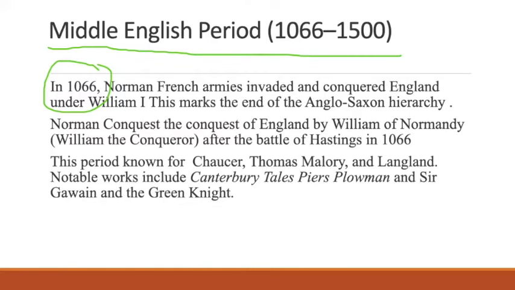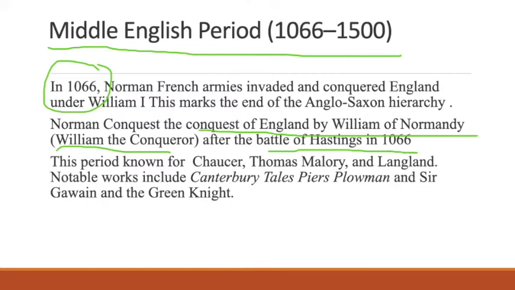So the Anglo-Saxon period, which started from 450 to 1066, when the Norman conquest took place, we have the end of the Anglo-Saxon hierarchy, and the Normans came to Britain. So we have now the Anglo-Norman period. So the Norman conquest, the conquest of England by William of Normandy, William the Conqueror, and this Battle of Hastings in 1066, very important date.